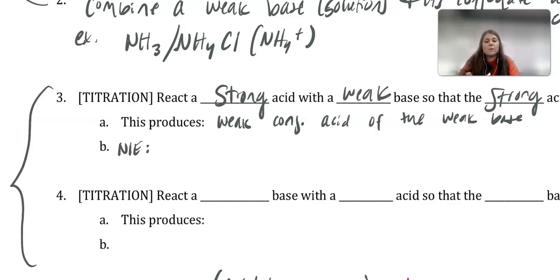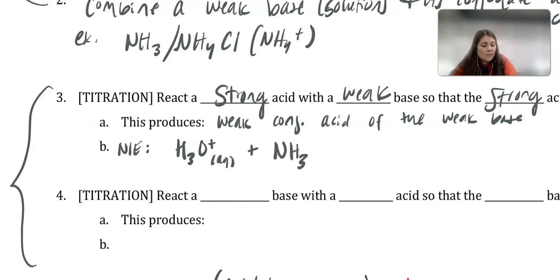A strong acid, remember, we're going to write that as hydronium, H3O+ (aq). So if you had a strong acid and you had a weak base, let's say ammonia, you just had those two in separate beakers, and then you decided to combine them. That ammonia is going to react with the strong acid to produce its own conjugate, which is ammonium.